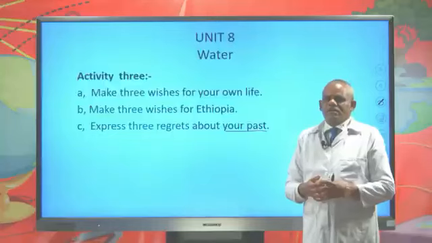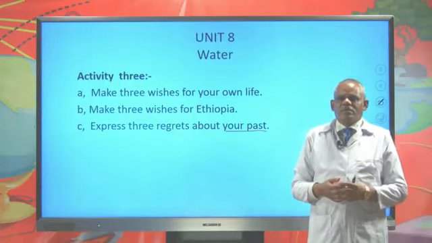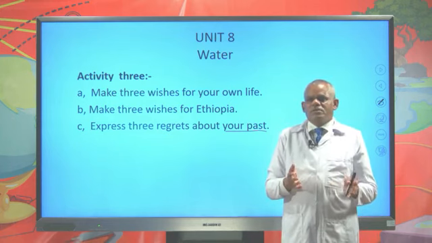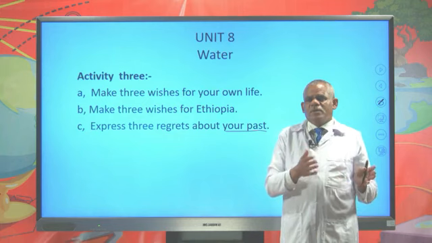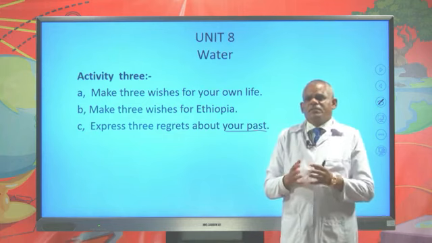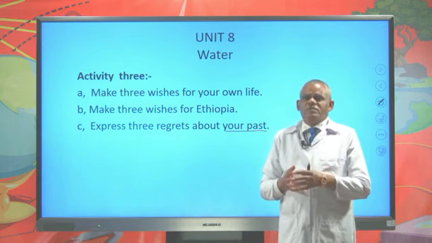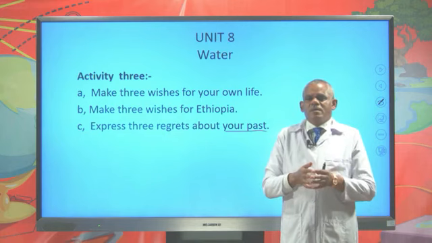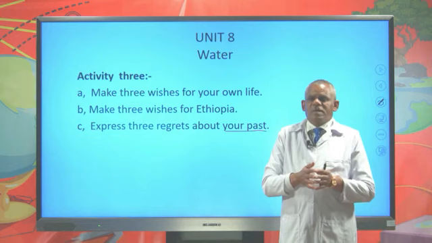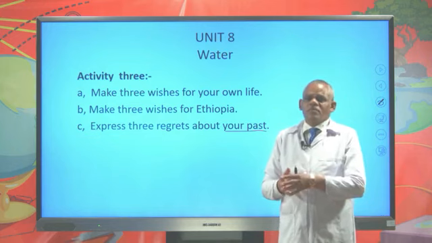This is past. To summarize this lesson, I would like to remind you that our topic was talking about a wish, and we use the wish structure to express present and future. In the case of present and future, you have to keep this form: subject plus wish plus subject plus V2 form.